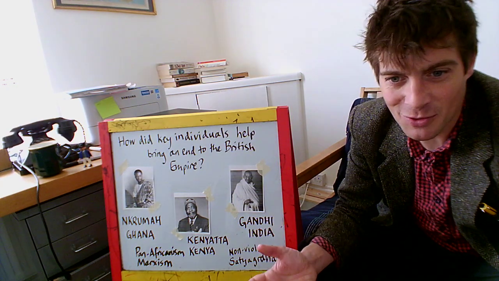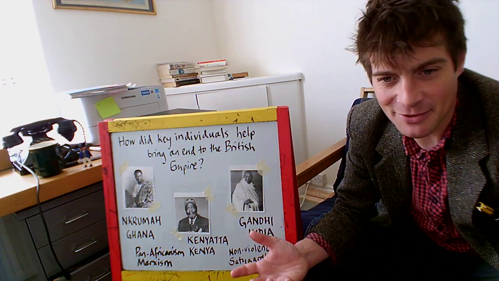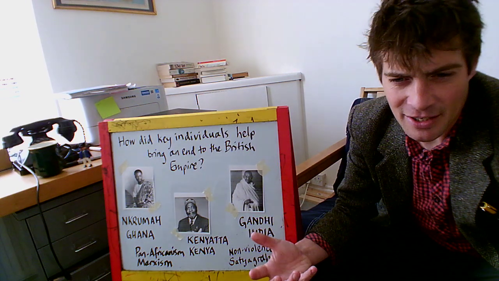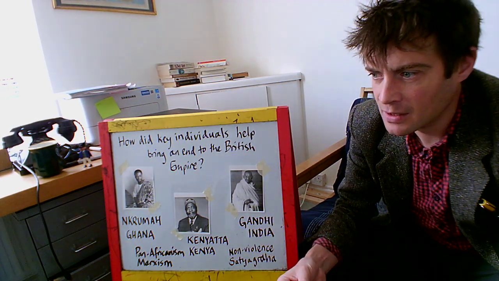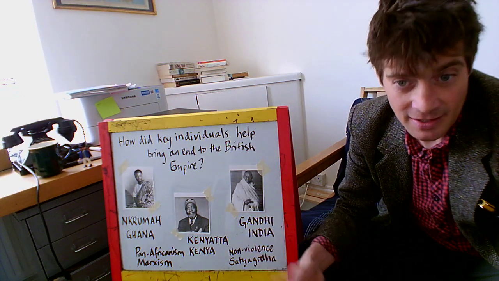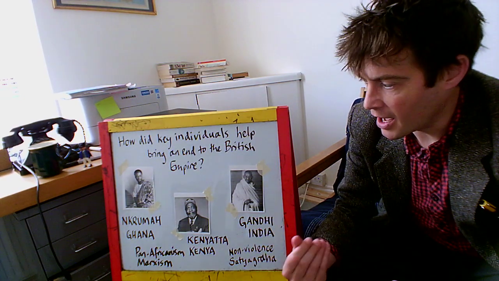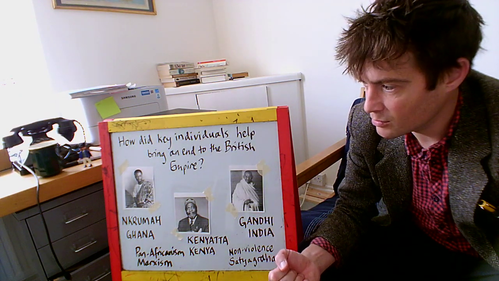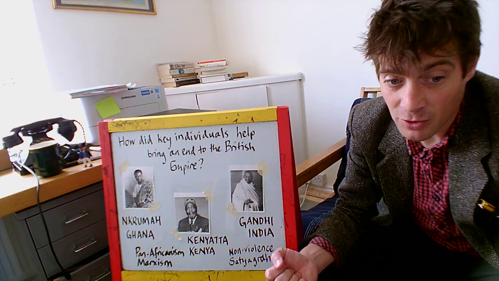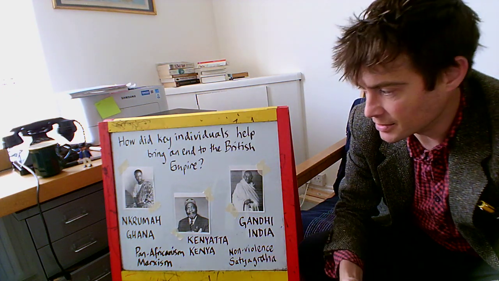That's kind of the opposite to what the British Empire is about, isn't it? There were those ideas of social Darwinism. Marxism was a really appealing idea. This concept that everybody could be equal was a really appealing idea to people who were campaigning for their independence.